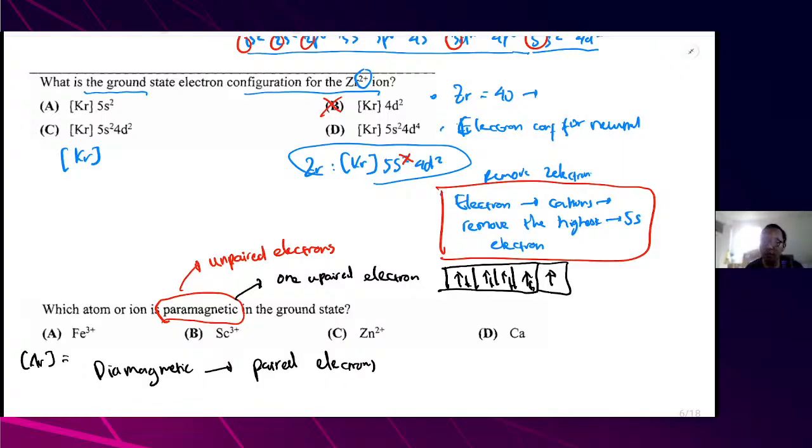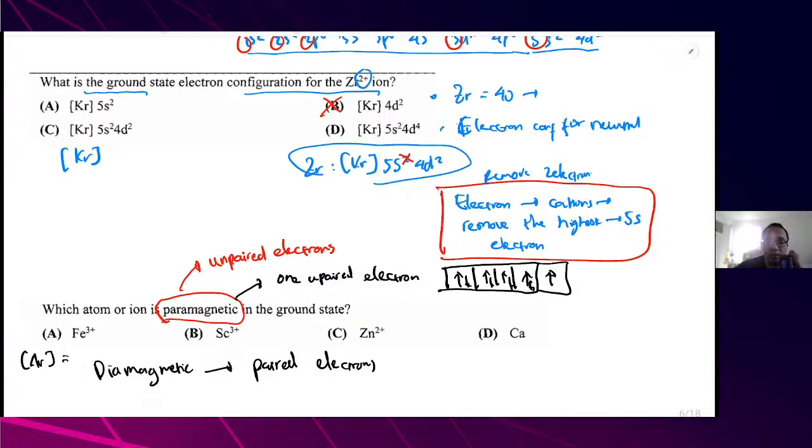If you are looking at the periodic table, guys, let me bring this up in our video again.